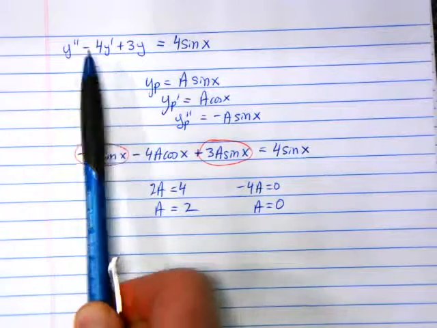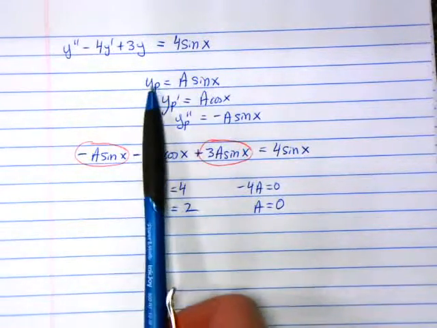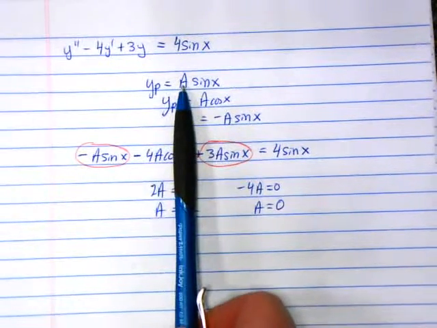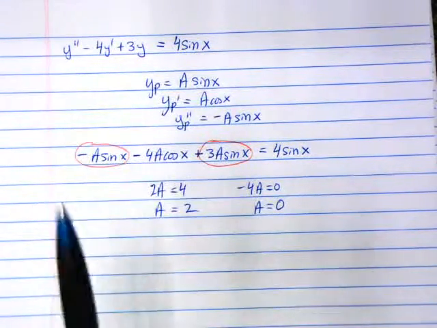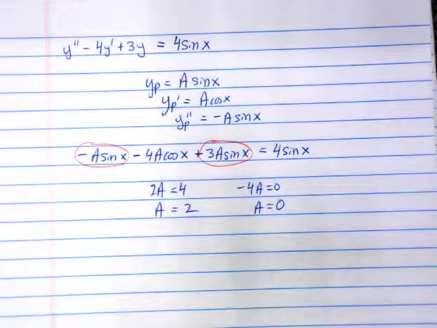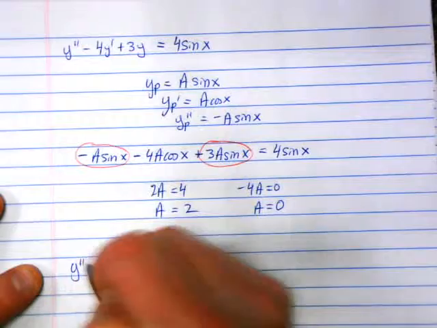So usually we use C1 and C2 when we're finding y sub c, and the standard notation is when you're finding y sub p, you use capital letters A and B, just so you can keep them all apart. That's correct. Okay, so same exact question, but a better guess.